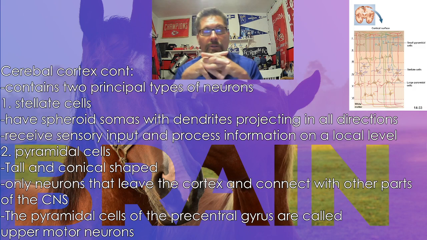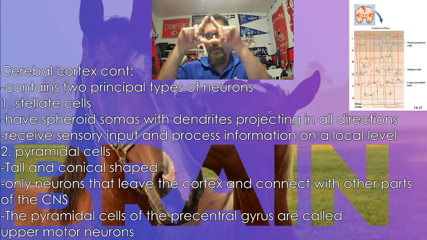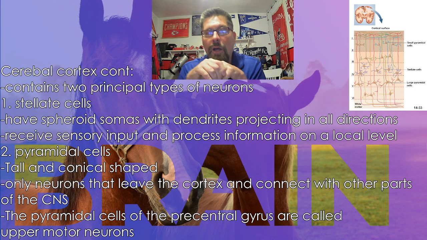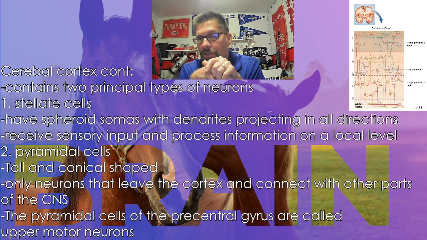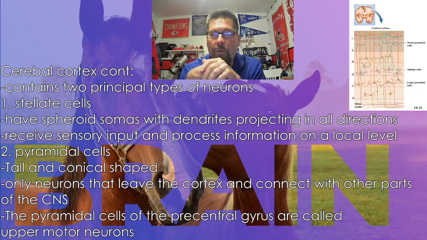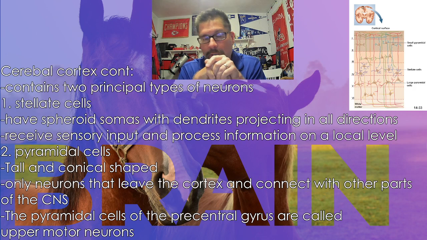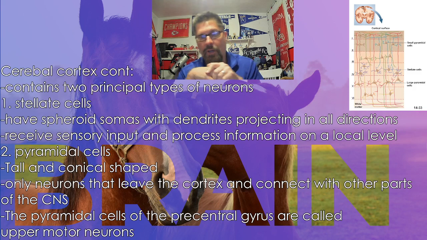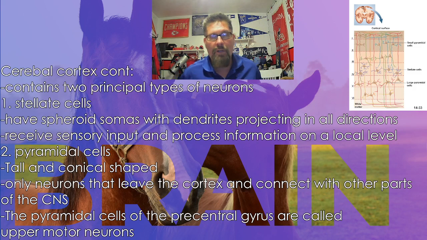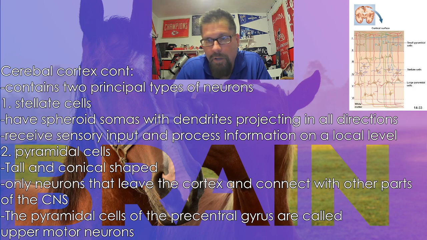And the pyramidal cells, which are like a pyramid kind of thing. But tall, cone-shaped. The stellate cells stay local. It only receives local information and passes it locally. Where the pyramidal cells, those drape down into the other ends and leave the cortex and do connect with other places.